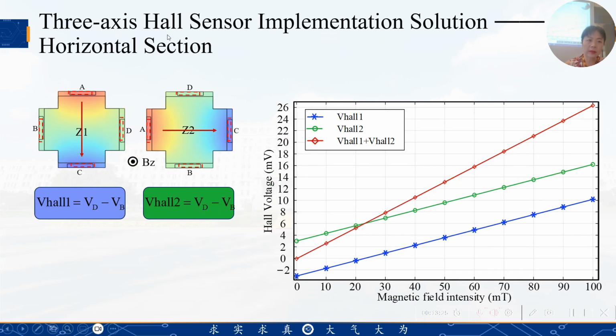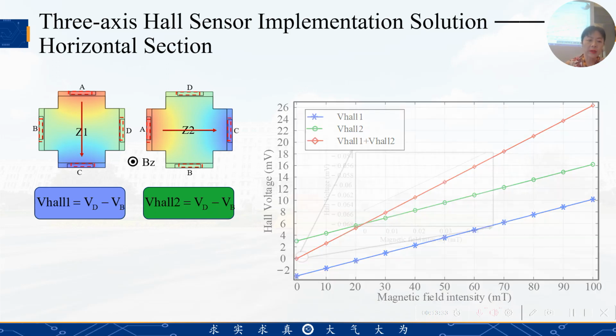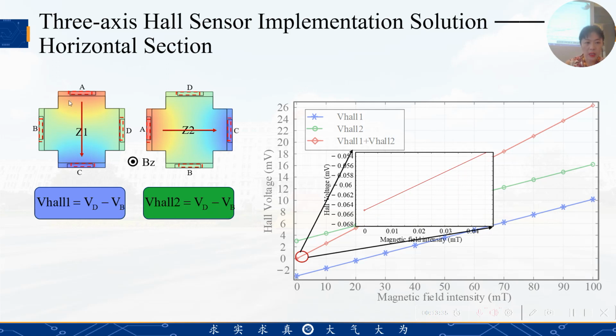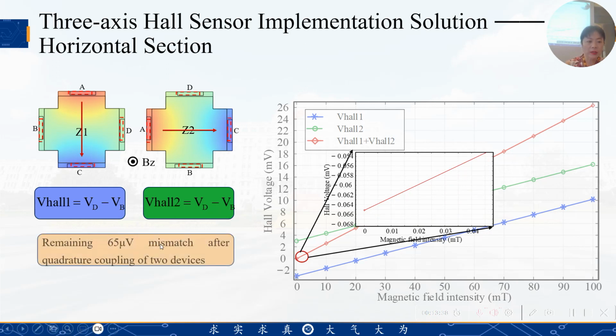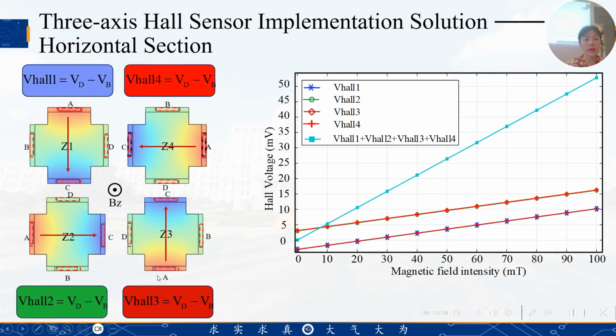And this is the three-axis Hall sensor implementation solution. This is our solution. We use standard CMOS, and this is our simulation result. We have 65 microvolt mismatch after complementing the two devices, which means that we use two devices complementary.